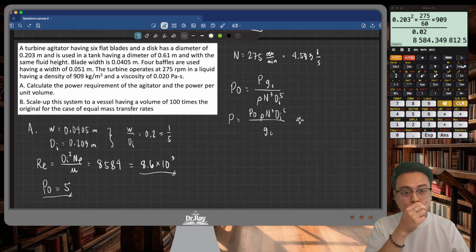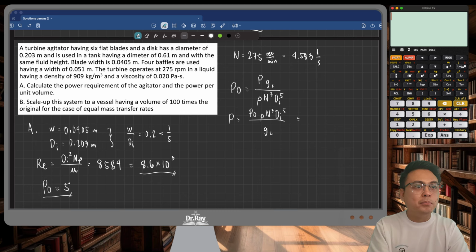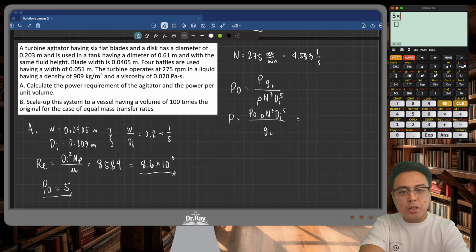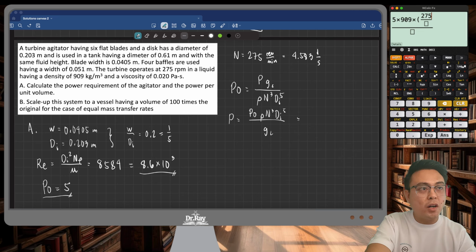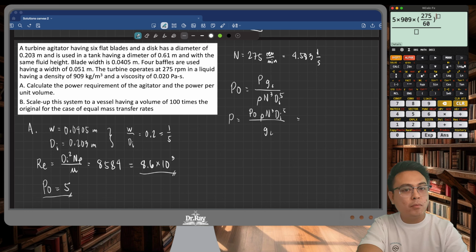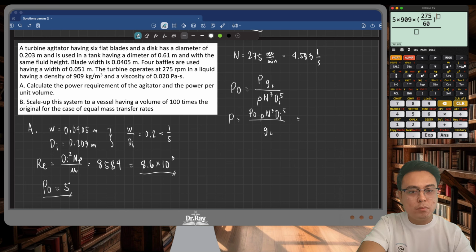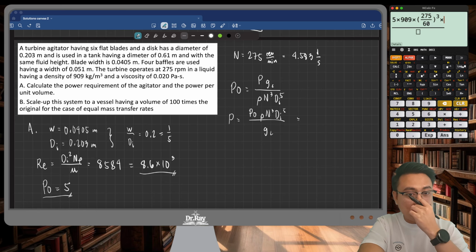We can now substitute directly. Power number is 5. Density is given, 909. Impeller speed is also given, 275 over 60, cubed, times impeller diameter raised to the fifth.